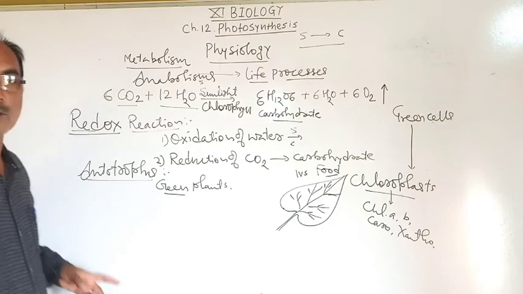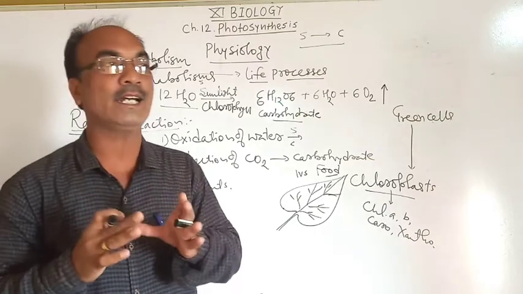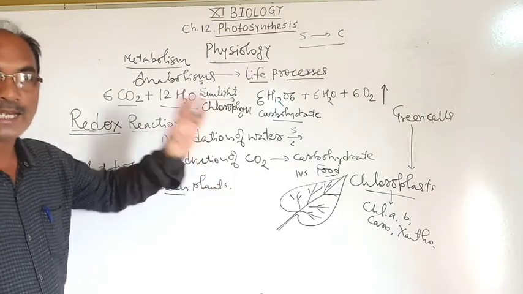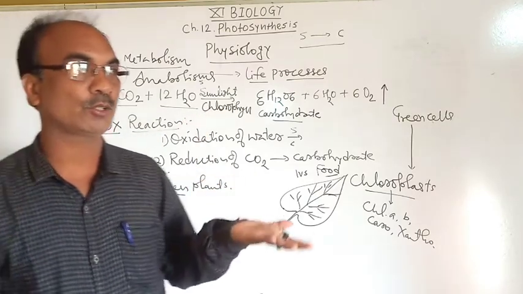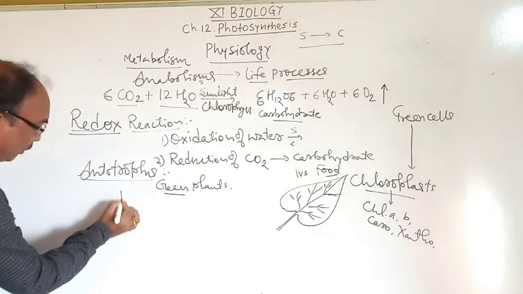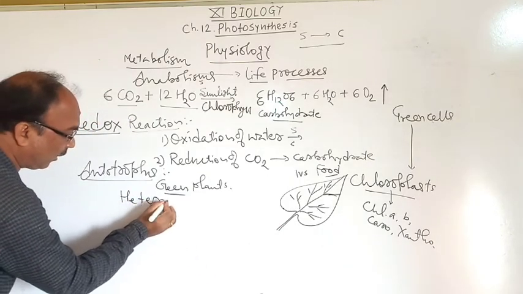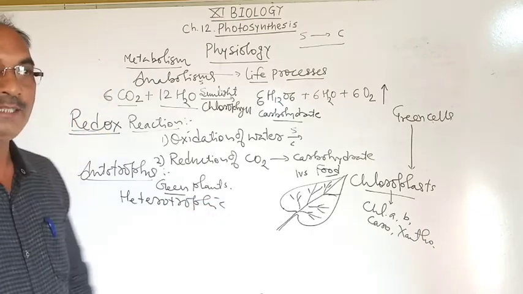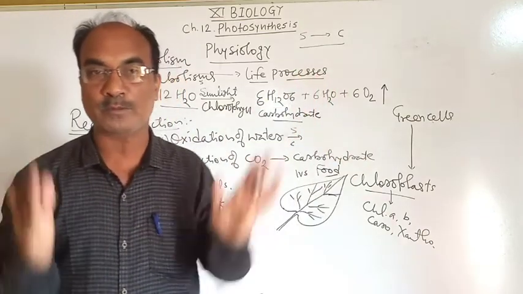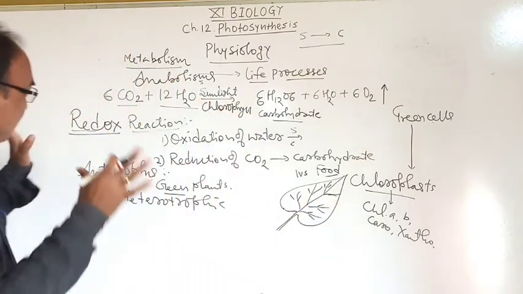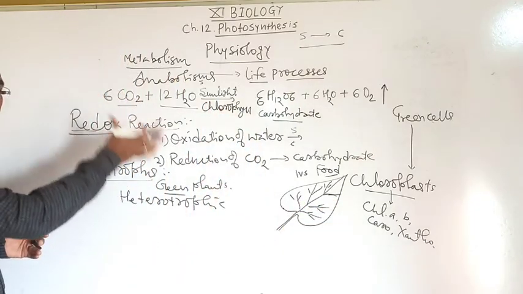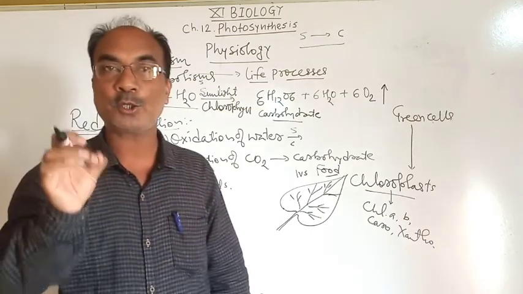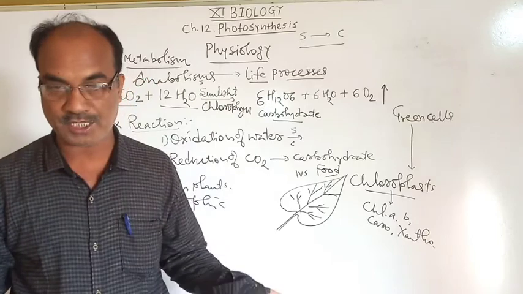Okay, or the mode of nutrition is called autotrophic nutrition. और एनिमल्स फूड बनाते नहीं तो उसको कौन से इसमें आता है, हेटेरोट्रॉप्स. ओके, all animals are heterotrophic mode of nutrition. They cannot make their own food material. Only green plants are the autotrophic mode of nutrition and the animals are the heterotrophic mode of nutrition.